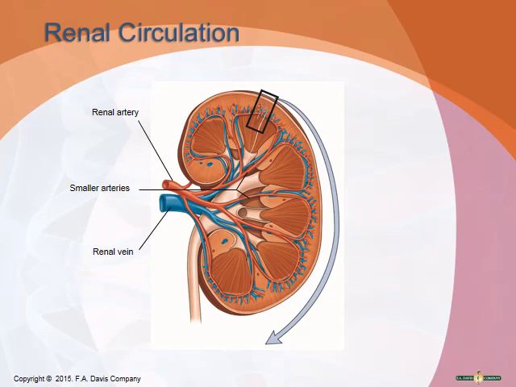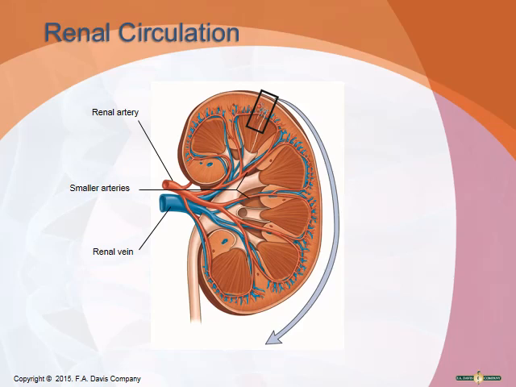So let's talk about renal circulation. We mentioned that the renal artery brings blood, oxygenated blood, to the kidney. And think about it, the renal artery comes off the abdominal aorta, bringing oxygenated blood from the left side of the heart.